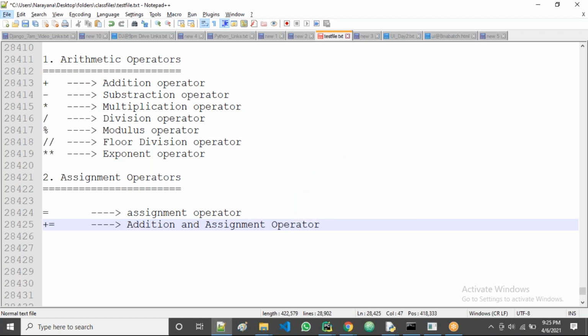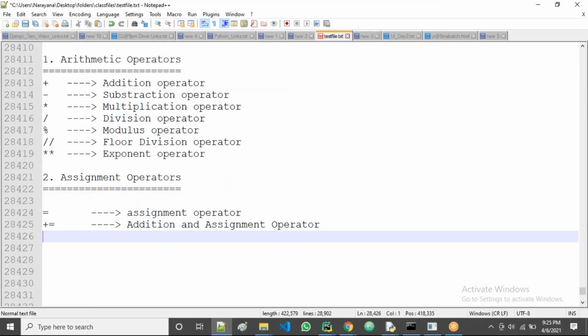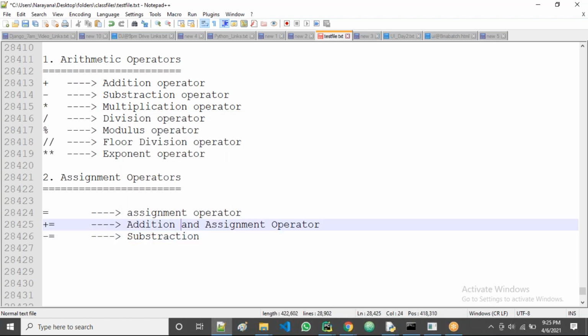Two things we will do here. What's the first one? Perform the addition, then assignment. Two things, guys. Next one is subtraction and assignment, guys.